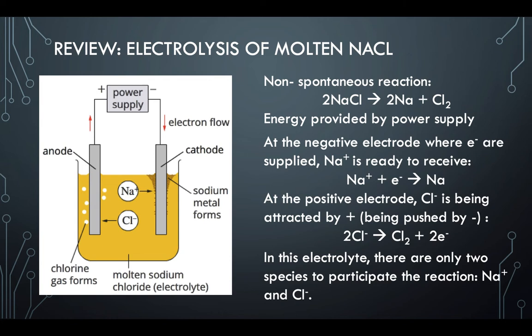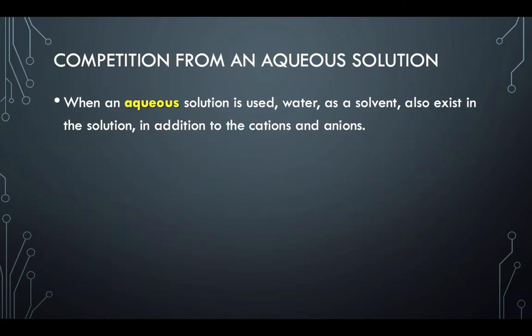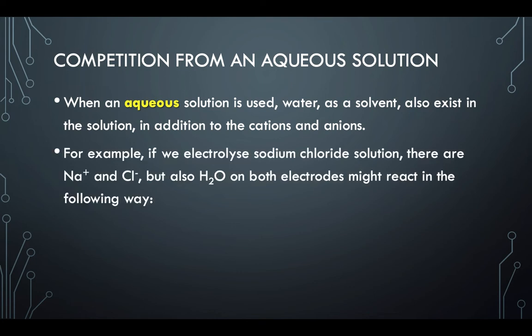Okay, there's nothing else. But when an aqueous solution is used instead of a molten electrolyte, then water is a third-party reactant because it is a solvent. That water also exists in that whole reaction system, in addition to the cations and anions that dissolve in it. So, for example, if we electrolyze sodium chloride solution, in our reaction liquid, there is sodium cation and chloride anion, but also water exists on both electrodes because it's the big giant solvent, right?